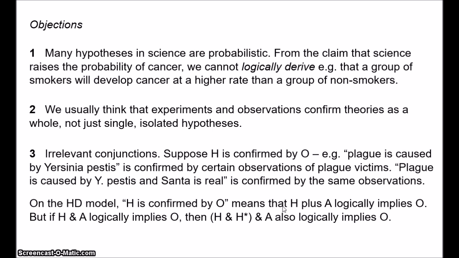So it seems that on the hypothetico-deductive model, any observation can count as confirmation for any hypothesis whatsoever, just as long as that hypothesis is conjoined to some other hypothesis that is confirmed by the observation. Right? If O confirms H, then O confirms H and H star.